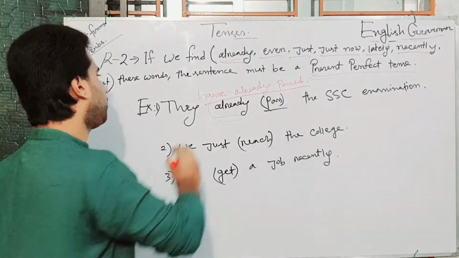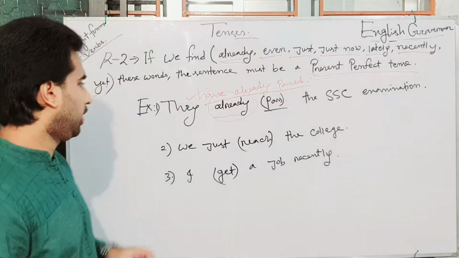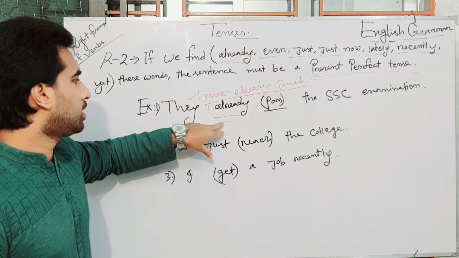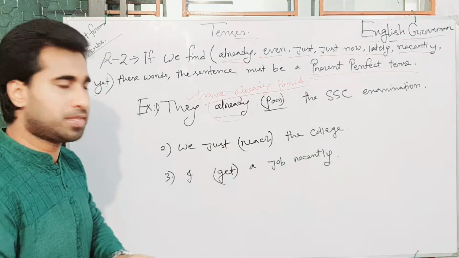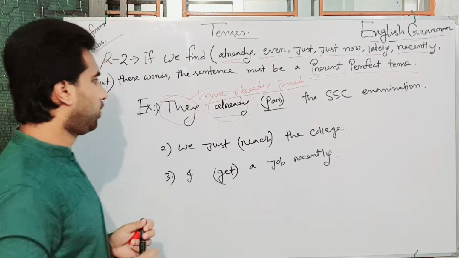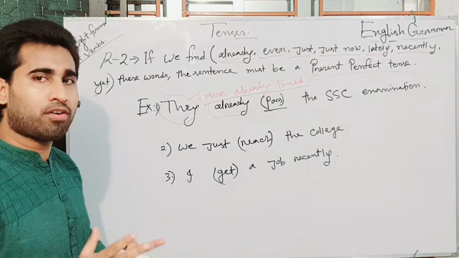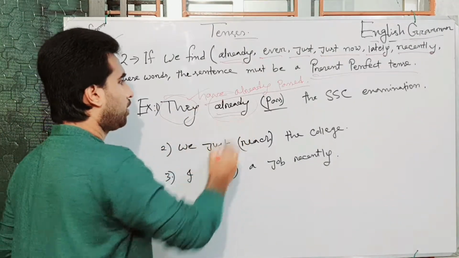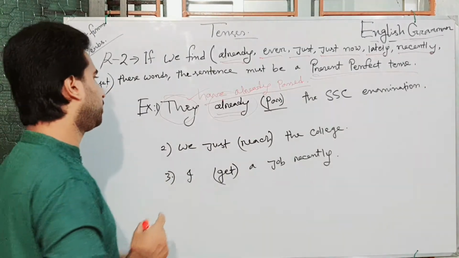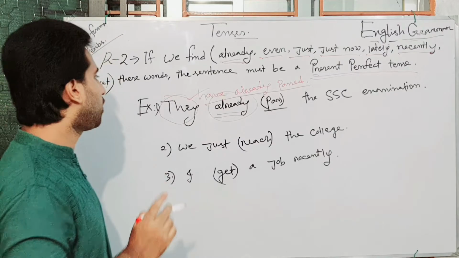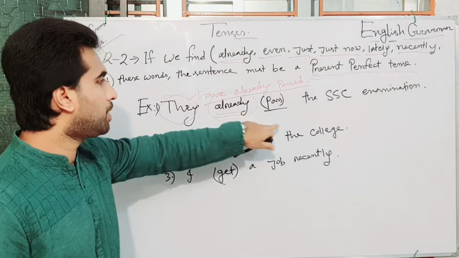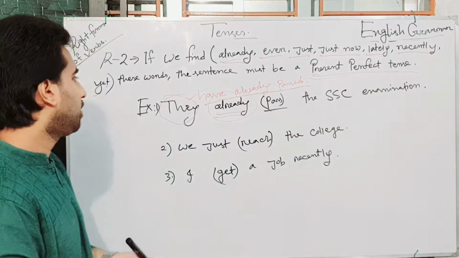If we see already, lately, just, or just now after the subject or pronoun, we have to use have or has before them. So the correct form of verb is they have already passed.